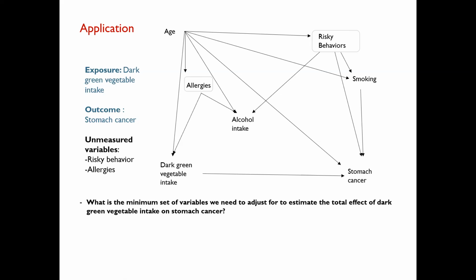Okay, so logically it should just be age, because even if we don't set them as unobserved, it's the only main confounder. So I think the person who told me that she got risky behavior should double check if you draw your DAG exactly the same way, because it should just be age, regardless of whether risky behavior is measured or unmeasured.